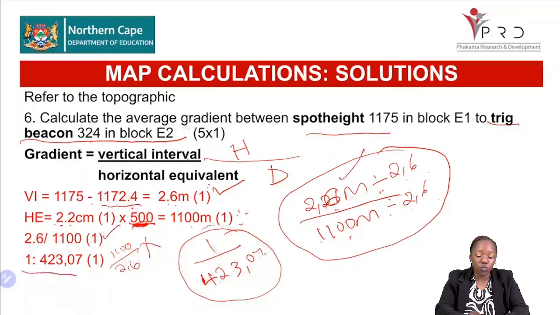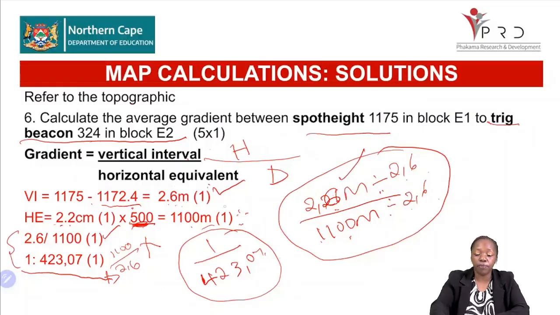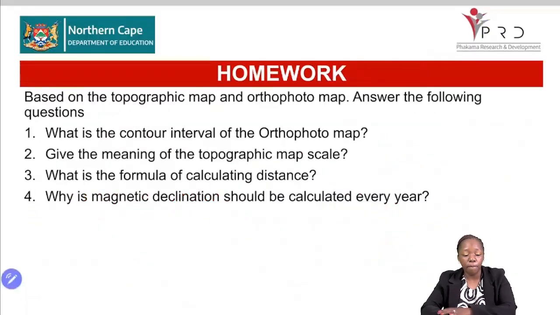So 1:423,7. That is where you are going to have your mark number 5. Remember again, each and every step is supposed to be visible because you are awarded for each and every step. So what does it mean? It means if you omit these two steps, you will be losing 2 marks because you are awarded per step.